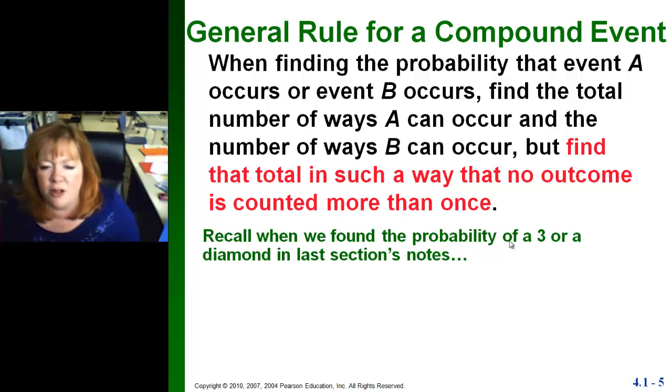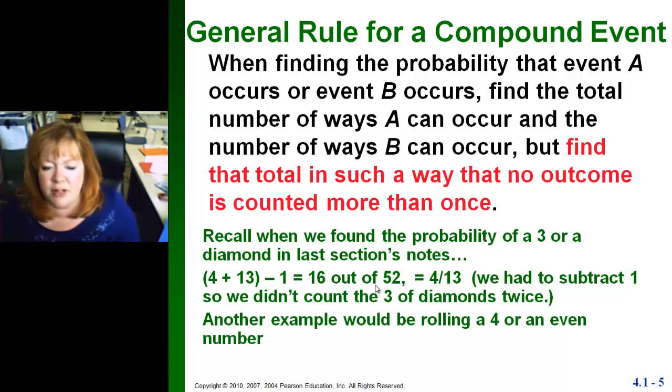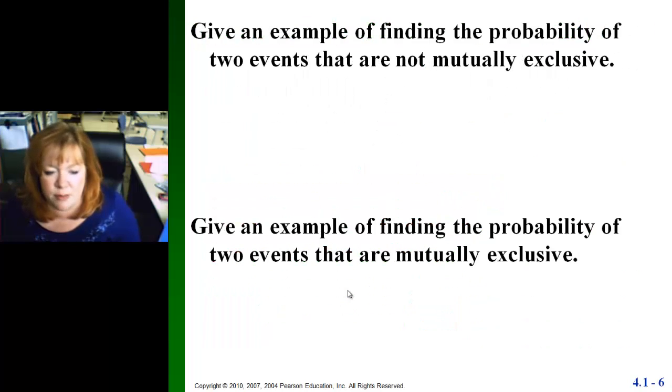When we found the probability of a 3 or a diamond in last section's notes, we had to subtract 1. 4 plus 13 minus 1 is 16 out of 52, not 17 out of 52, because there was also the 3 of diamonds. Once you count how many diamonds there are, you have a 3 of diamonds in there. We had to subtract that so that we didn't count that twice. Another example would be rolling a 4 or an even number on your die.